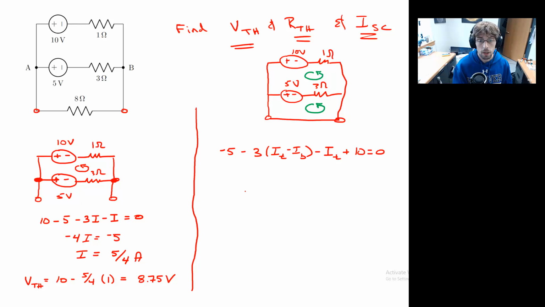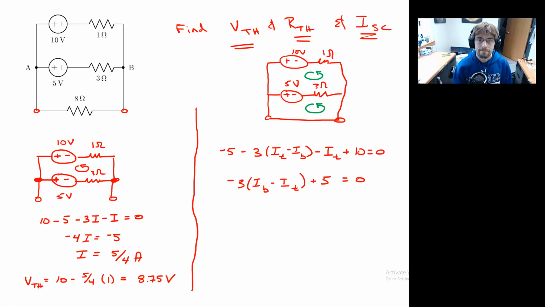For the bottom one, what do we have? We have a drop, so minus 3 times I bottom minus I top. And then we have a plus 5 jump equals 0.